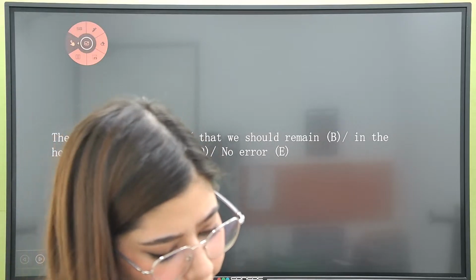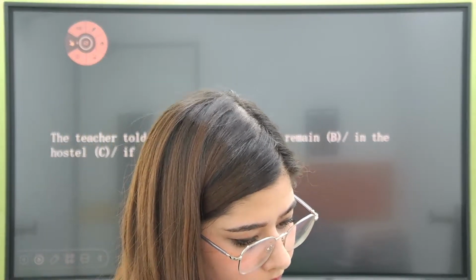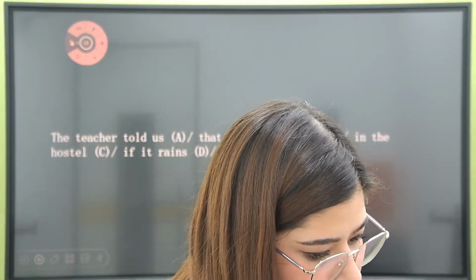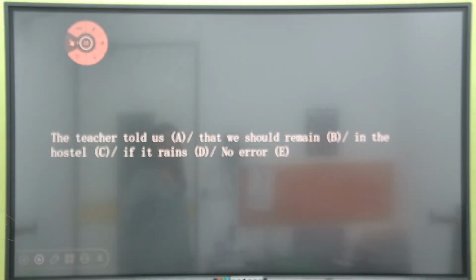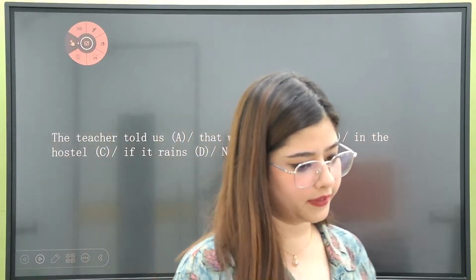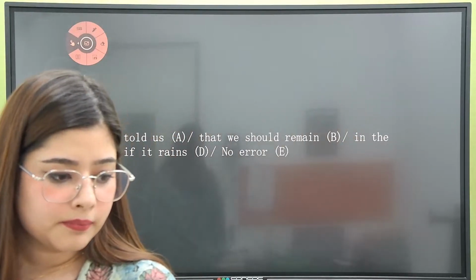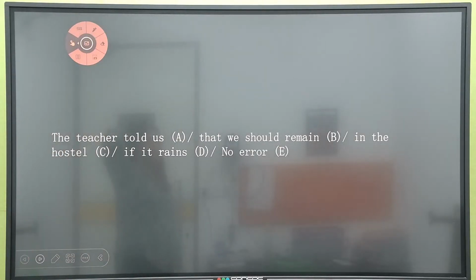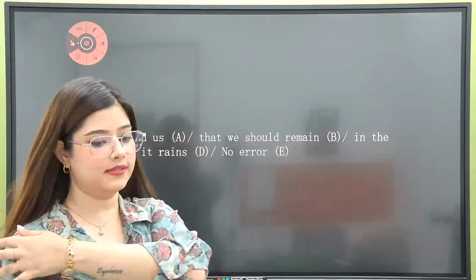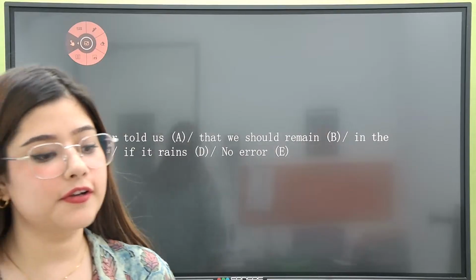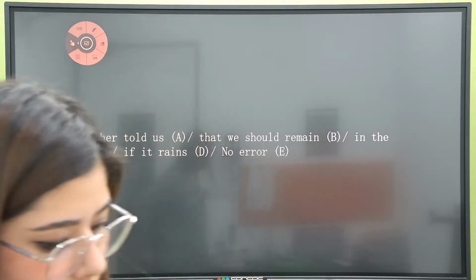Should, must, that's fine. In the hostel is also fine. Please identify the tense of the sentence and see if parallelism is being maintained or not.